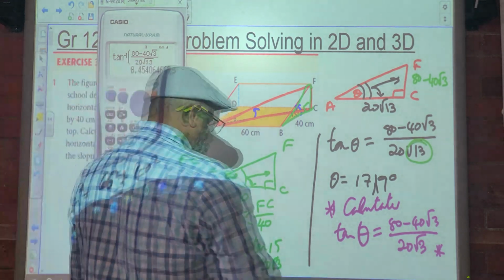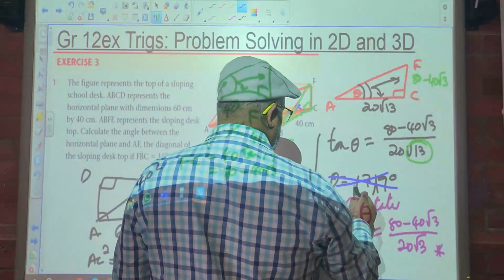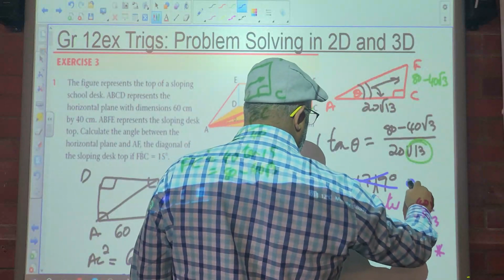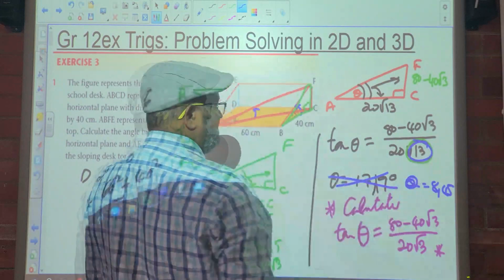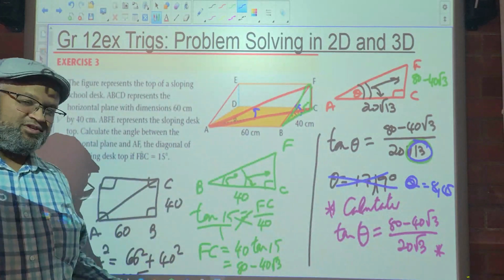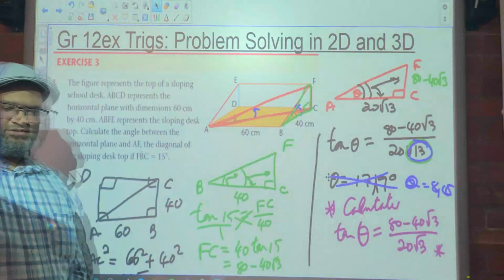Is that correct? Okay, so that was wrong. So it's going to be theta is equal to 8.4. As I said, I entered that as a root 3 and not root 13.